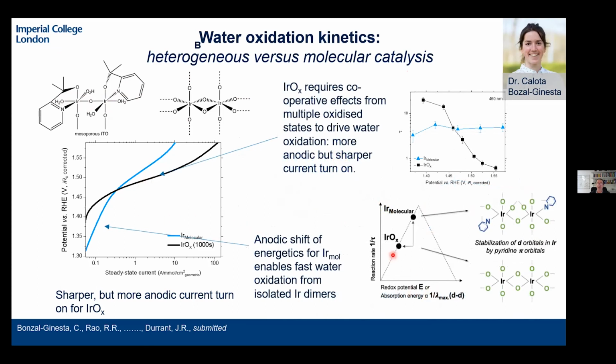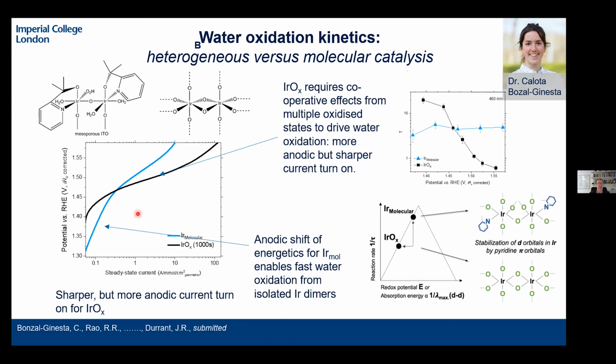So the molecular system has its redox energy tuned to slightly higher potentials. And in those trumpet plots I showed you earlier of reactivity versus energetics, that would correspond to the molecular system being faster at achieving water oxidation, at least for isolated oxidizing species. And so you can see when the density of species is low, the molecular system is faster. It's a faster catalyst.